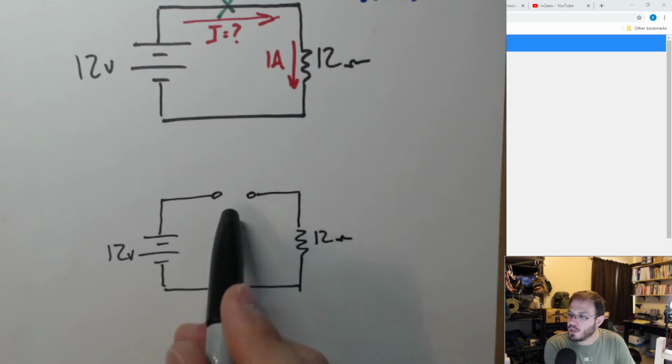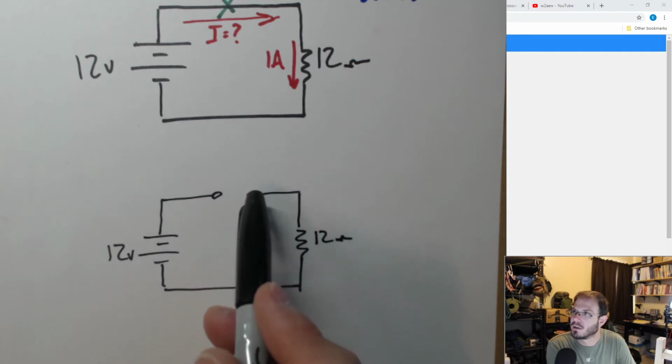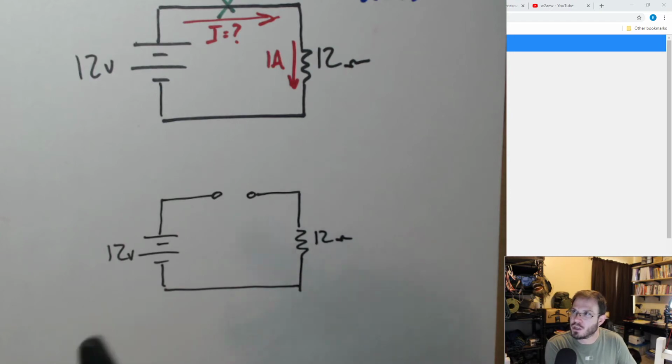And now what I'm going to do is put my multimeter in series where I want to measure my current.